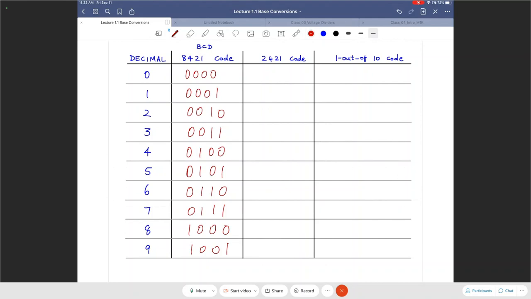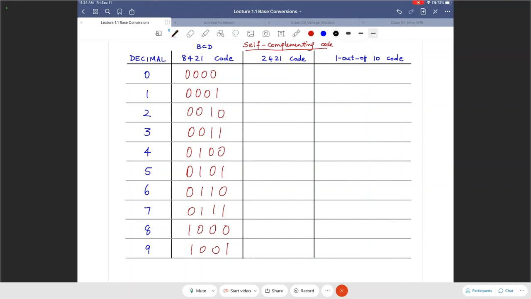Now, here is an interesting code, 2421. This code is actually called a self-complementing code. How can I get 2421? Well, for 0, it is quite simple, right?